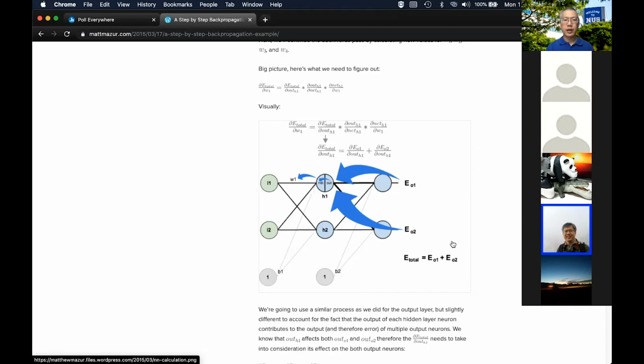Okay, so as it says in the equation up here, when I want to look at how to change the E total with respect to how I wiggle around W1, it's going to have these different parts. So I have the three different parts that I'm going to add together for the first chain, and then another three parts for the second chain.